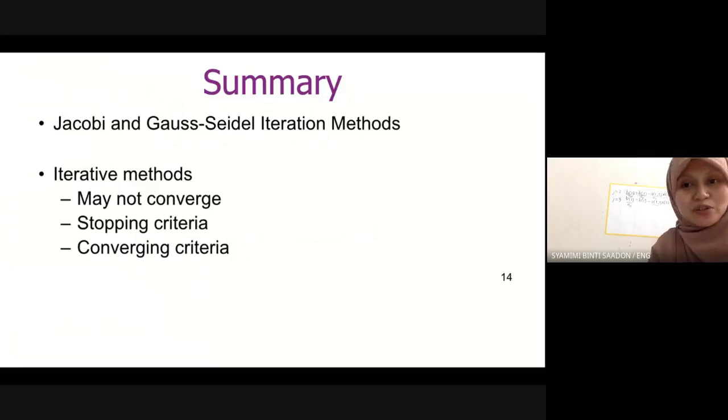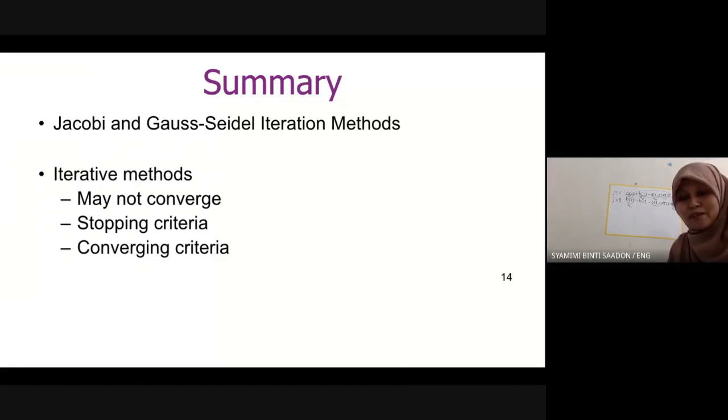Okay, so that's all for this part today: Jacobi and Gauss-Seidel iteration methods. The iterative methods may not converge. Sometimes, like I said, if you put too big a number of iterations, or the percentage error is too small, you try to achieve the smallest possible error, and then you cannot find a converged solution of x, your program will not stop, it will continue, or will find error.